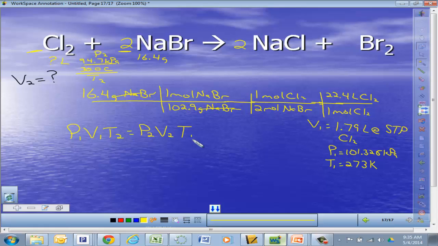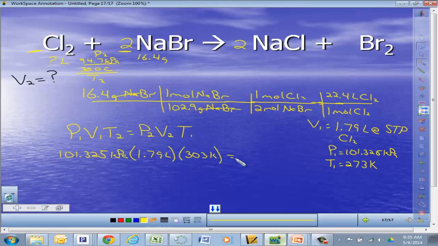And if I start plugging in 101.325 kPa, volume 1, that's what I just solved for, 1.79 liters. Temperature 2, it's 30 degrees Celsius, but remind yourself, got to go to Kelvin, 303 Kelvin.